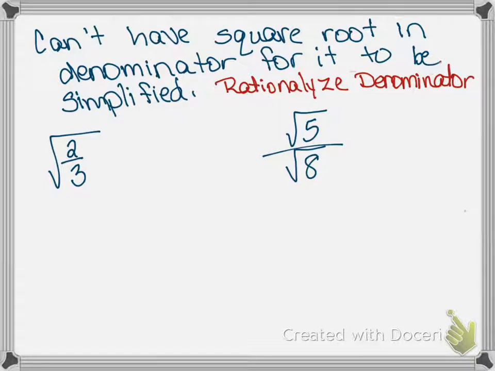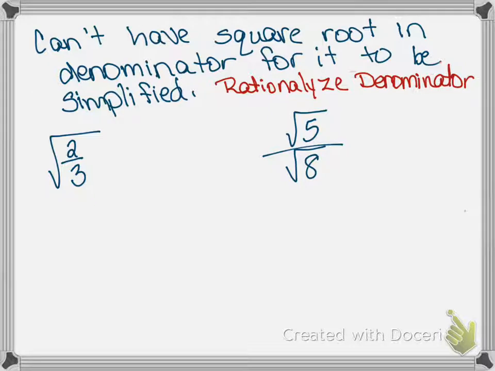For a fraction to be simplified completely, we can't have a square root sign in the denominator. That's just one of the math rules. So we have to do what's called rationalizing the denominator.